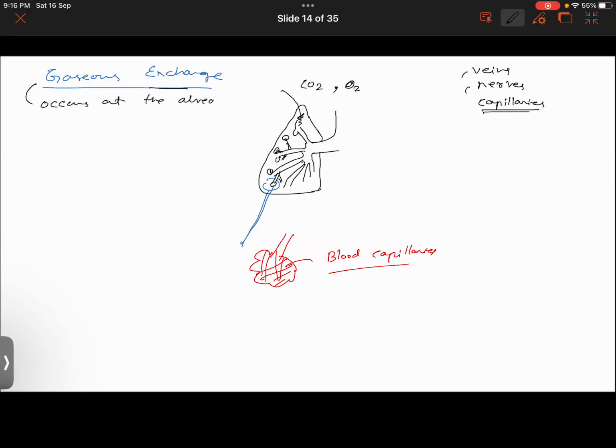At the alveoli. Getting it now? Yes, sir. At the alveoli, the blood capillaries will be taking in oxygen from the air which we have inhaled, and these blood capillaries will be carrying that oxygen to different parts of our body. By parts, I basically refer to the different cells.